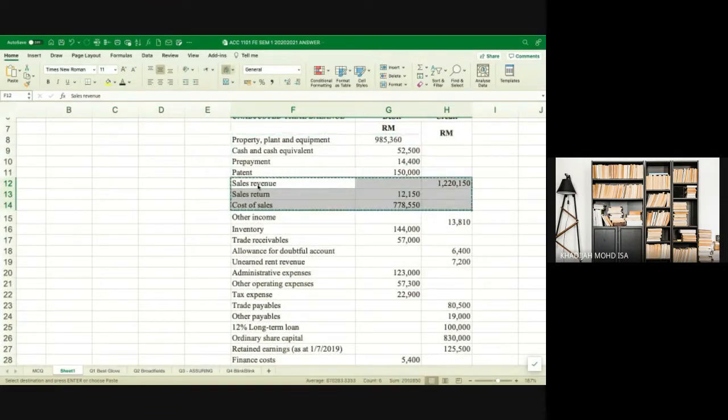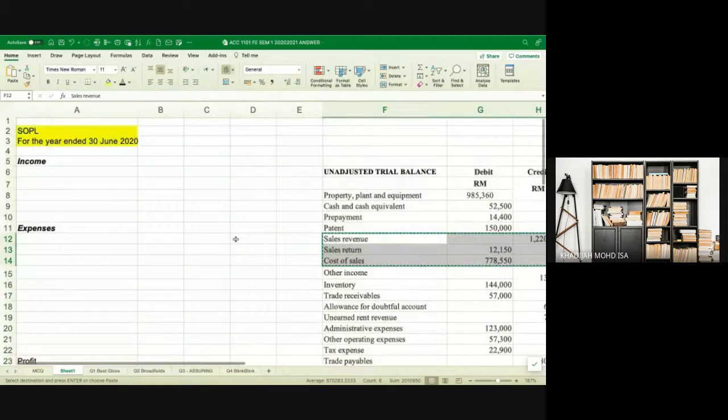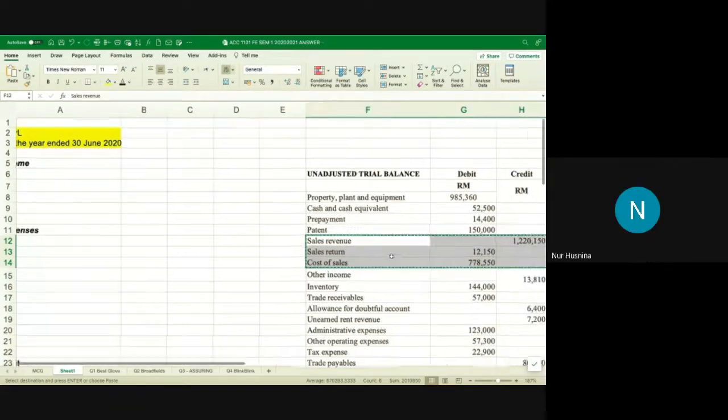For these, I will put this part. Where will this appear? Sales revenue, sales return, and cost of sales. Where would this appear? In your profit and loss, or in your SOPL, or in your SOFP, financial position? SOPL.